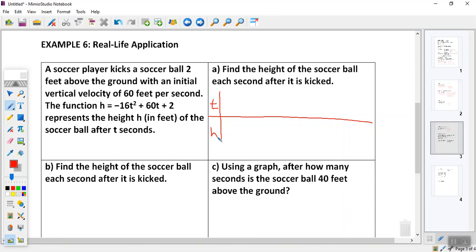Time 0, time 1, time 2. I think I've got a typo in part B. We'll come back to that because it says the same exact thing as A.